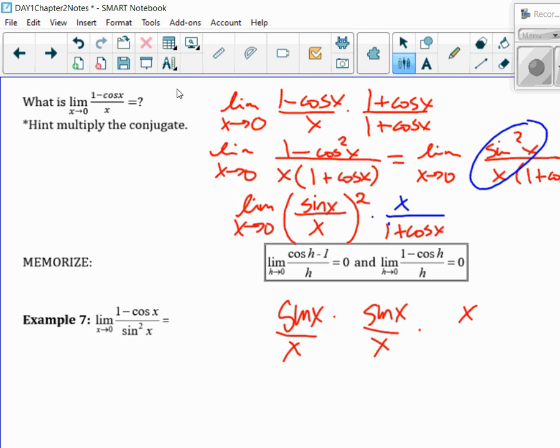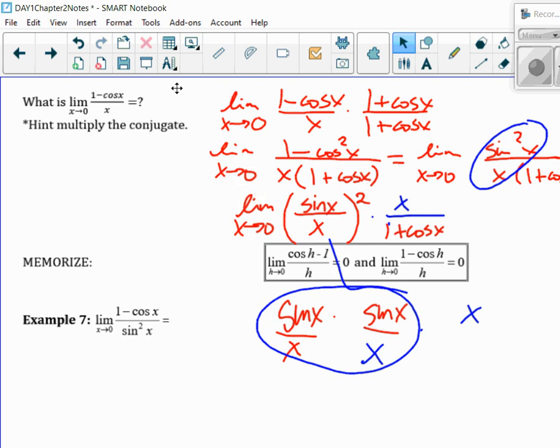Sine x times sine x over x is the sine squared x. Now I'm going to put an extra x here, and then to compensate, I'm putting the x there. But this together collectively is that, right? Does that make sense to you now? I didn't just throw one x there. I actually did an x and an x diagonal from each other. Maybe I should have written it like that and it would have made more sense.